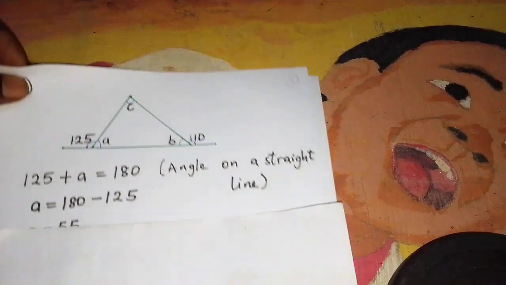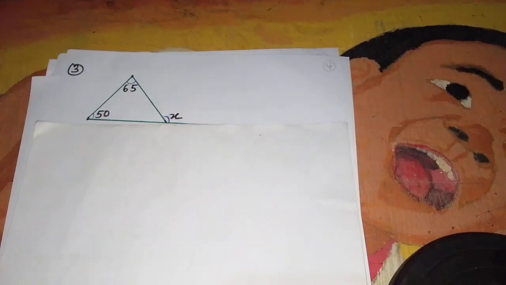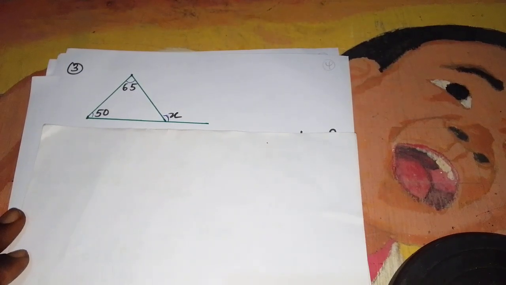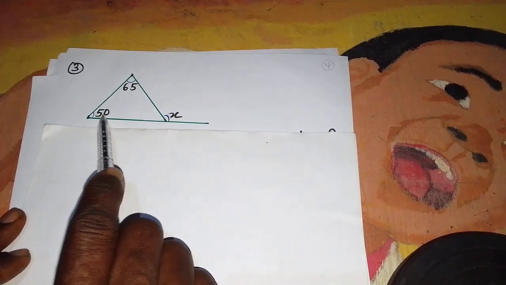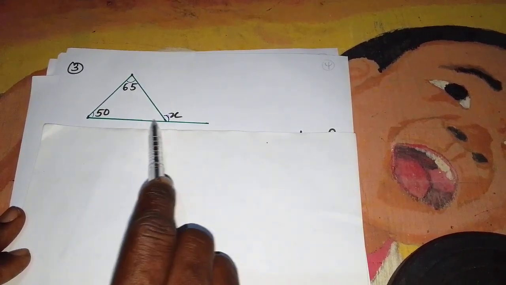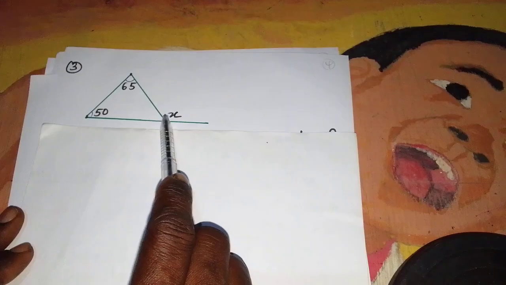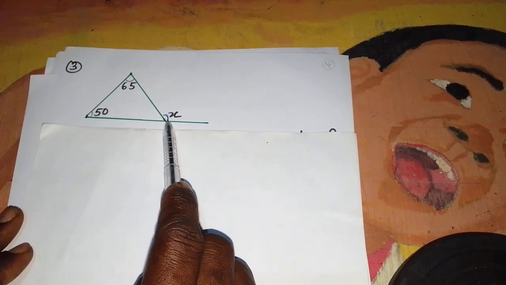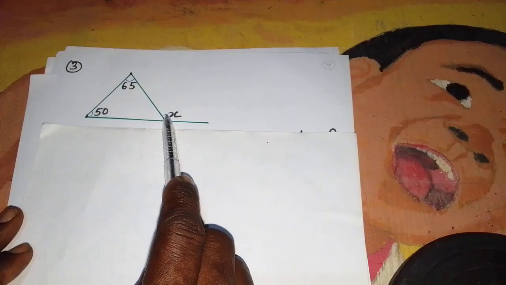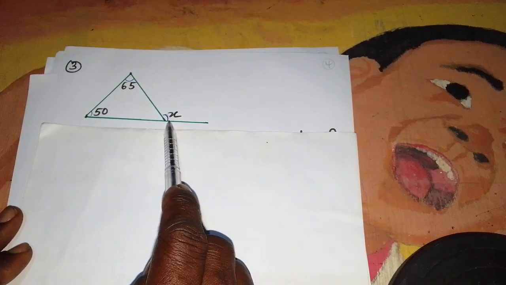Let's look at another example. If you are having this triangle, no, this is a straight line, so this is a triangle. So this is an exterior angle. Realize this angle is not inside the triangle, so it is regarded as an exterior angle.